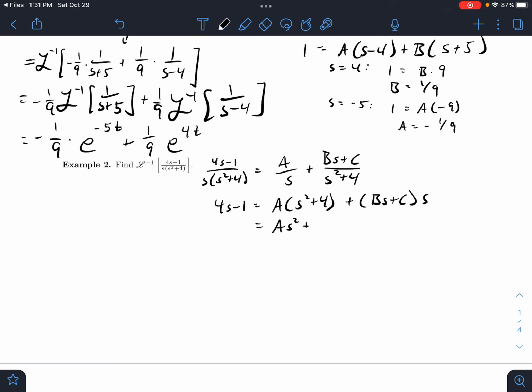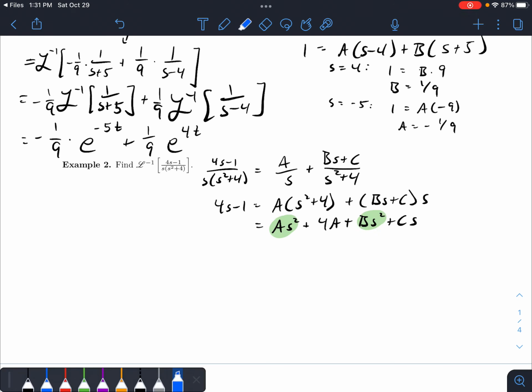And so I could write this as a times s squared plus 4a plus bs squared plus cs. Now I could group my s squared terms together, then my s term, and then this constant term right here.